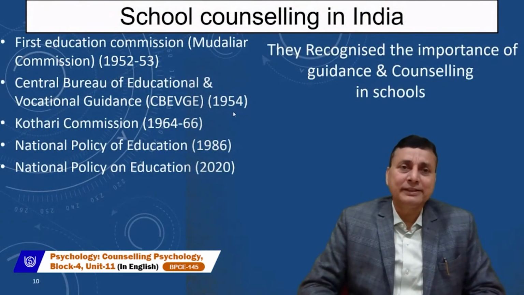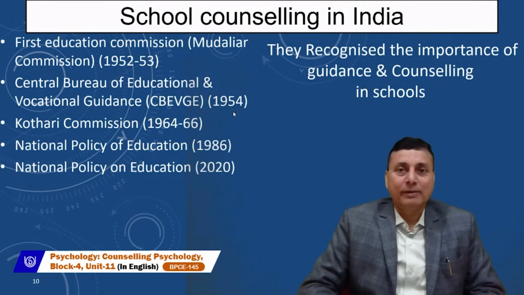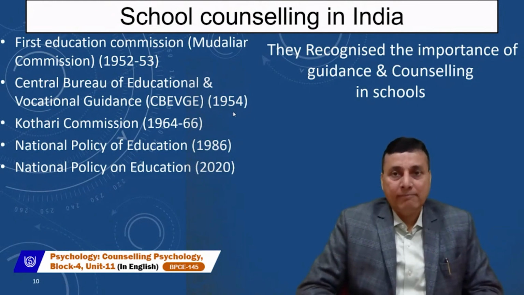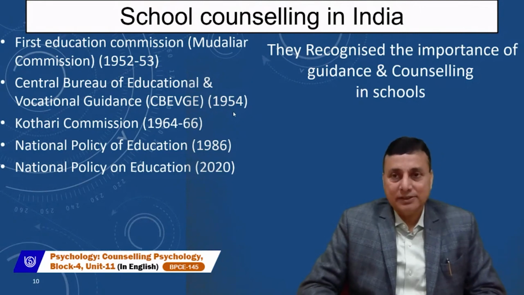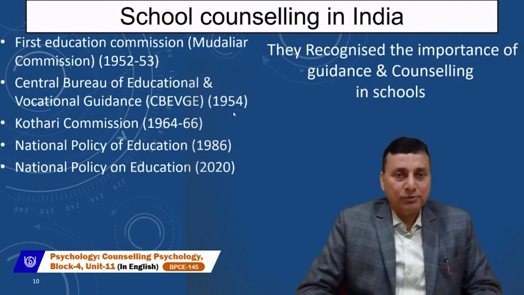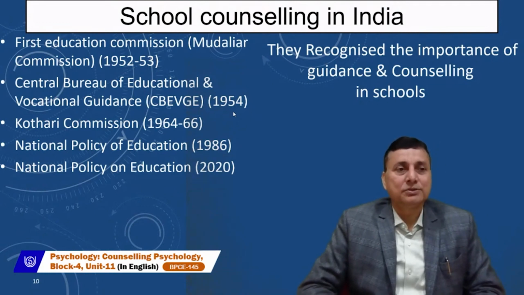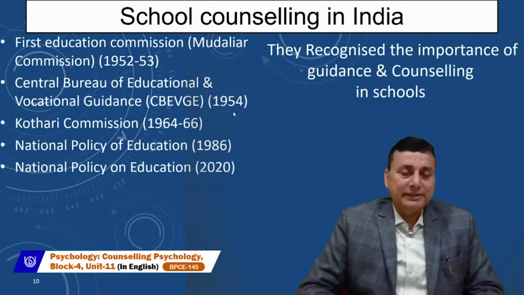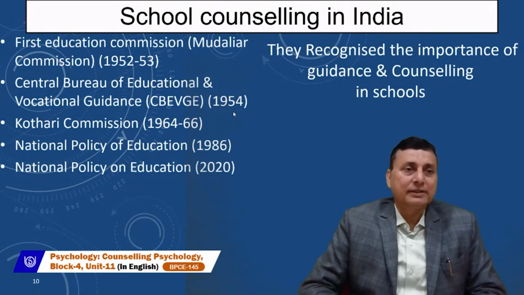Let us see school counseling in our country. Yes, there is a recognition of the importance of guidance and counseling in schools. There is a provision also that all the schools should have a counselor, though it is still not there, but the rules are there. The first education commission, the Mudaliar Commission, was formed in 52-53, and the Central Bureau of Educational and Vocational Guidance was formed in 1954.